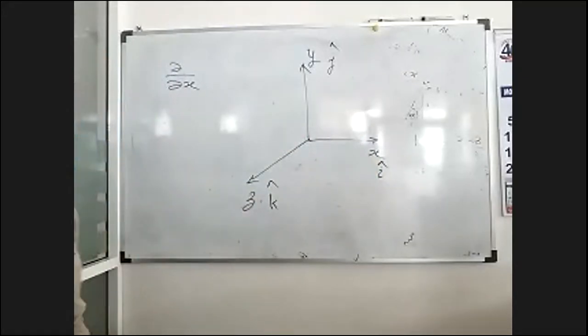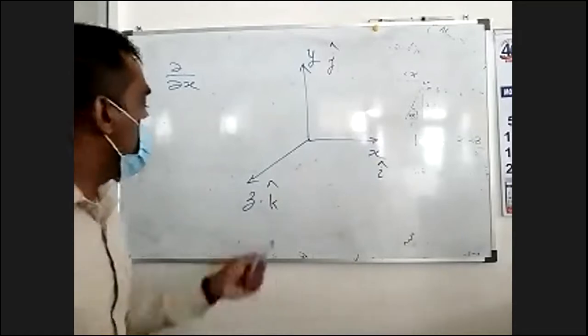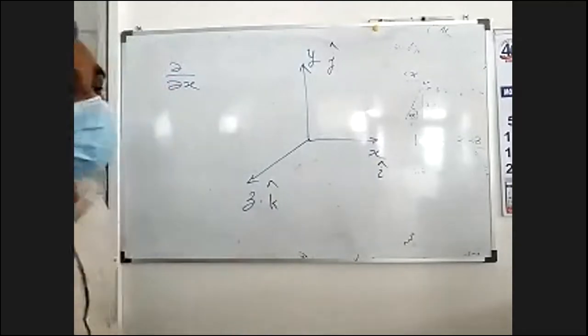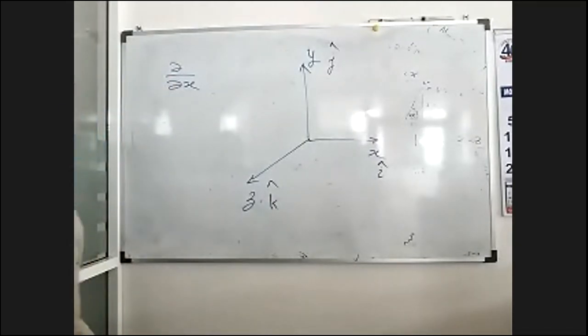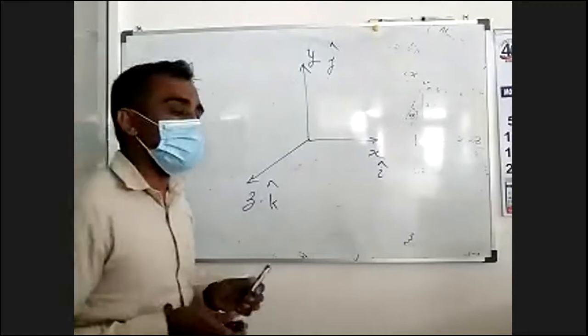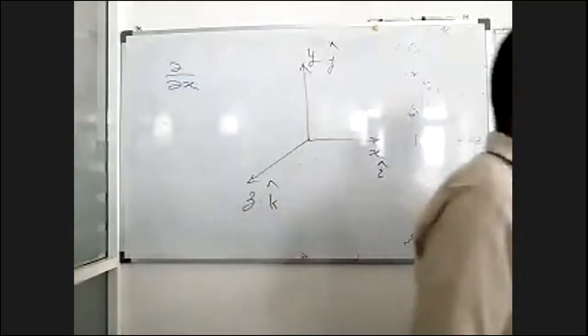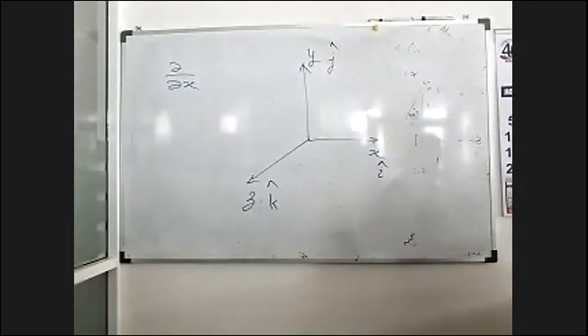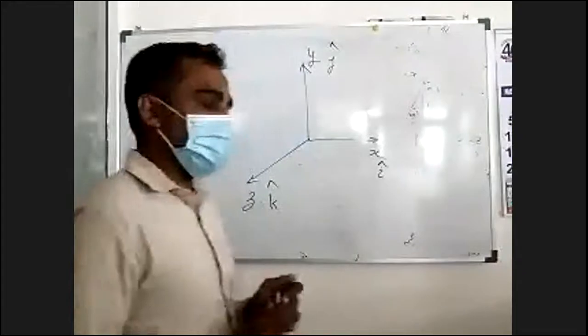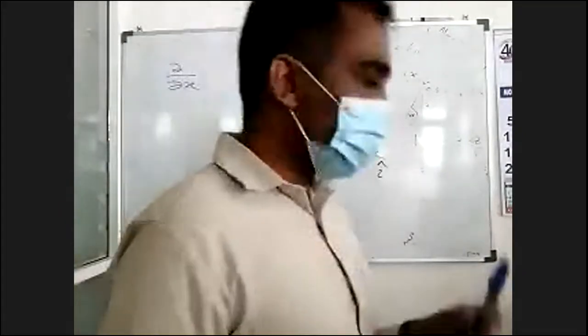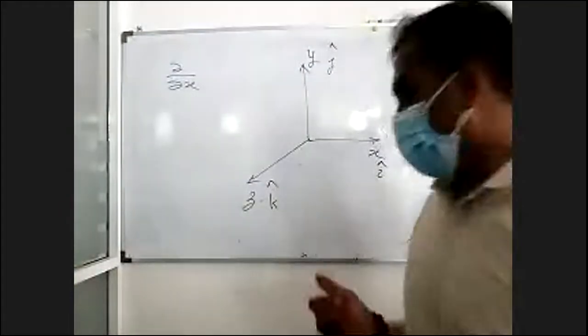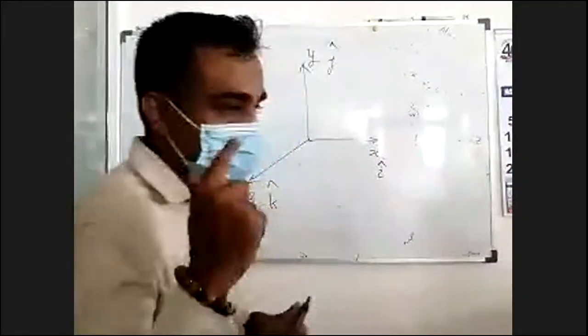The hat indicates that this quantity is a unit vector. What do you mean by unit vector? Magnitude is 1. A vector having the magnitude 1.